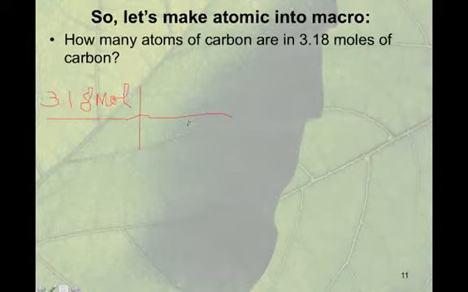We want to get rid of the mole, so we're going to put that down here, MOL. And I want to change this to atoms.